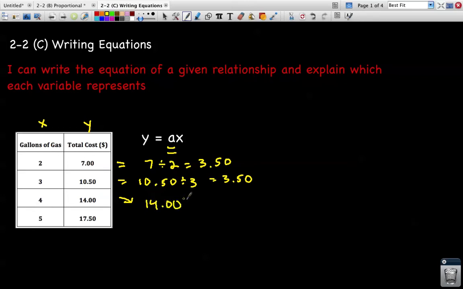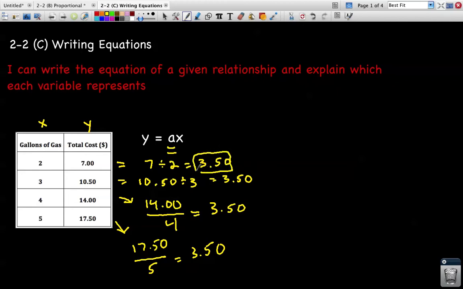For my third one, $14 divided by 4 is also $3.50. And the last one, $17.50 divided by 5, is $3.50. So what I just found out is that my constant of proportionality is $3.50.